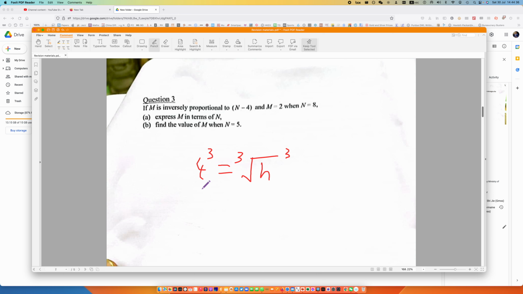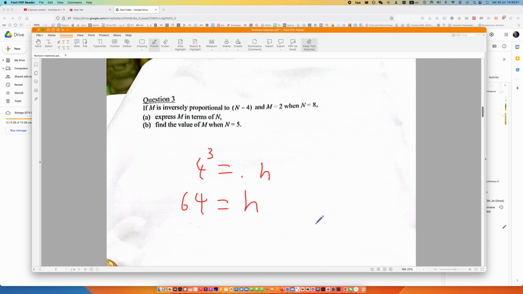So 4 cubed is 64. And cube root and cube, they cancel each other, right? When they cancel each other, it's as good as you erase the cube root and the cube. So therefore you get h here.